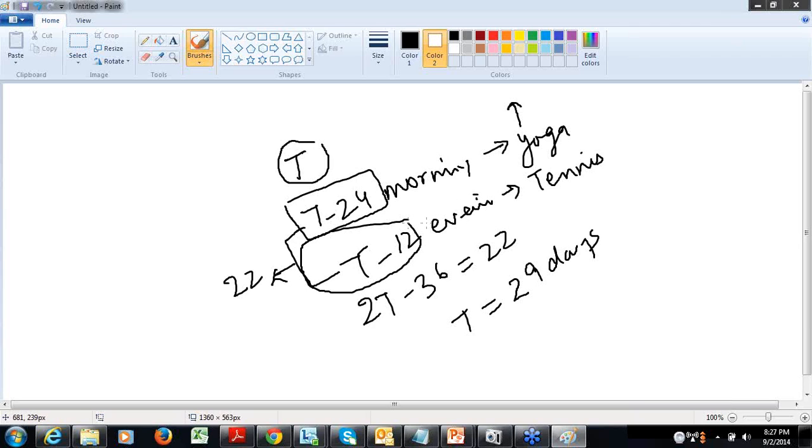Okay. And these two will be equal to what? 22 days, because if they are practicing yoga in the morning, they are not playing tennis in the evening. So these are mutually exclusive. So this should be equal to 22. So you can combine this and get the equation 2T minus 36 is equal to 22, or T is equal to 29.